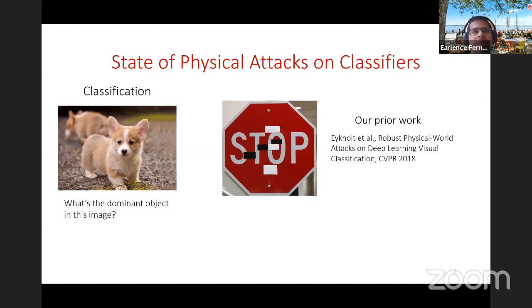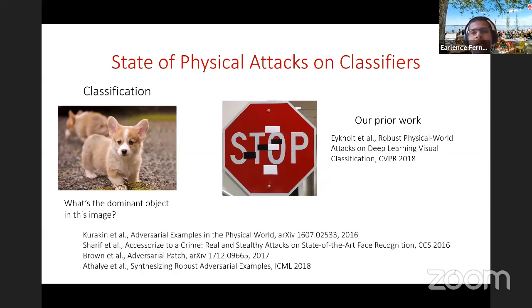Once you run an algorithm to compute these adversarial examples, you can modify a physical object, take an image of that object, and the resulting image will be misclassified.